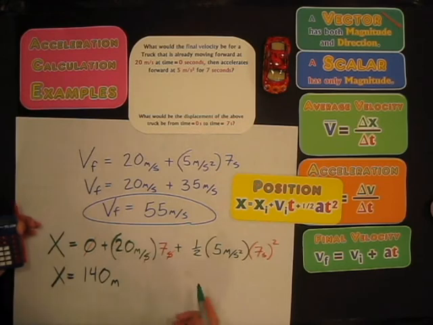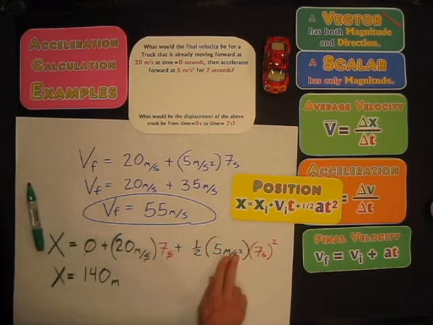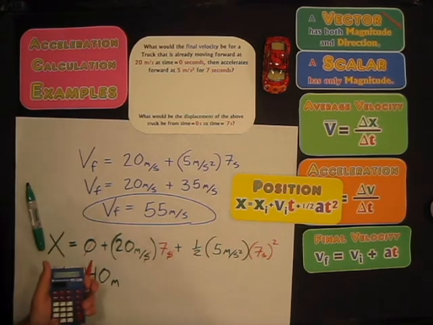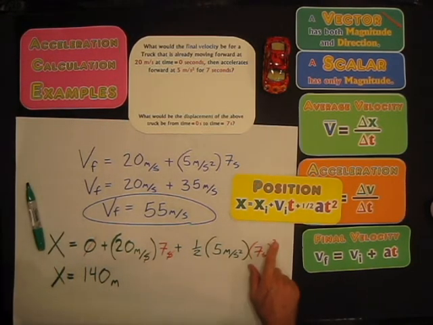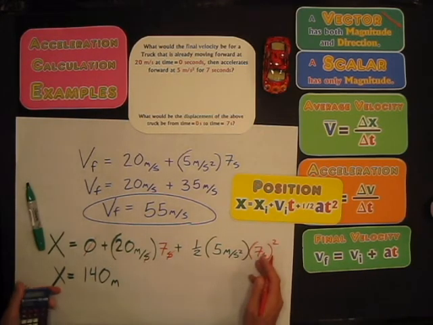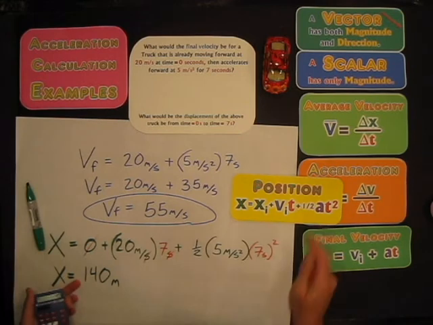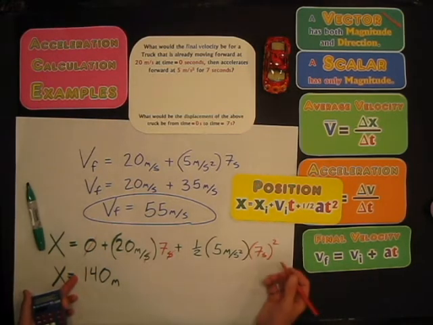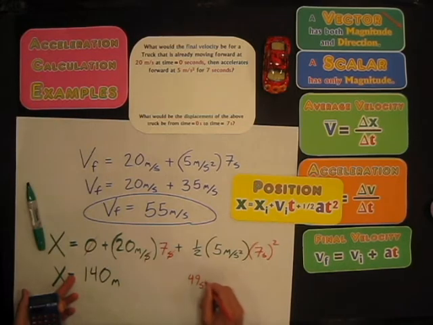Plus, so it's going to be plus 1/2. Well, you know what? Let's multiply these together first, and then we'll deal with the 1/2. So first of all, 7 has to be squared. So 7 squared is 49. 7 times 7 equals, seconds times seconds is seconds squared. So we're going to have 49 seconds squared.